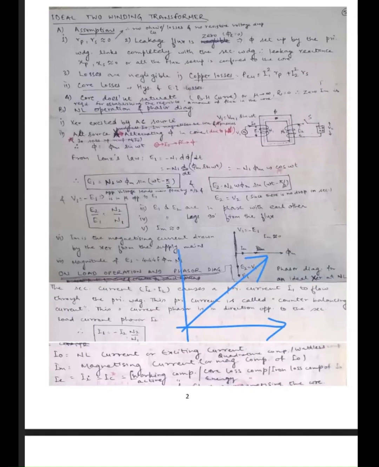This no load current is denoted by I naught. It is the resultant of these two, this vector. This is Im, the magnetizing component, which is responsible for excitation, and this is the component responsible for the makeup of the losses due to hysteresis and eddy current.